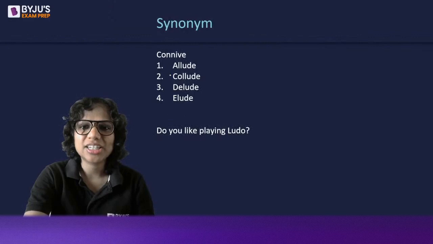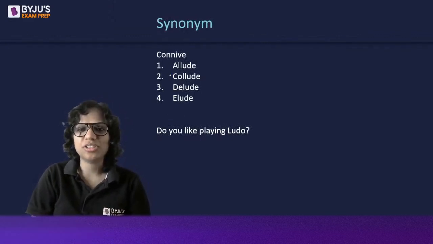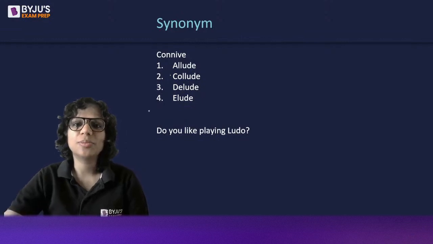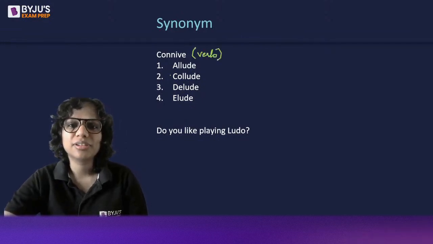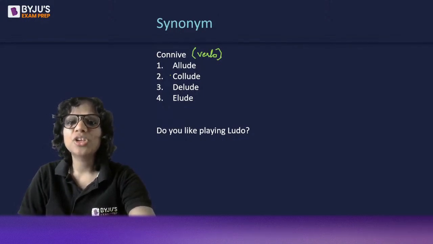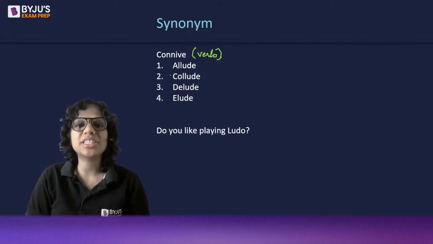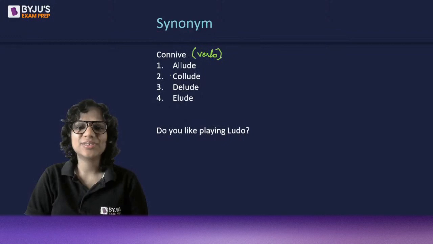All right. Now, synonym. So tell me the synonym of connive. It's a verb. Tell me its synonym. Good, Ritik, good. Why have you come across them in Word Power Made Easy? Because these are high frequency words, right?